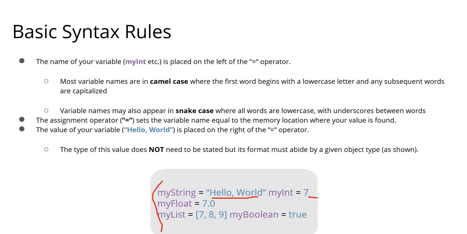That is the size of your syntax, where we are talking about integer values. Most variable names are in camel case, where the first word begins with a lowercase letter and any subsequent words are capitalized. Variable names also appear in snake case, where all words are lowercase with underscores between words. So this is the actual syntax of Python. You can note it down as per your requirement.